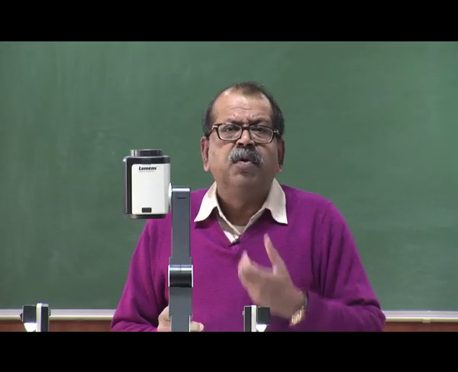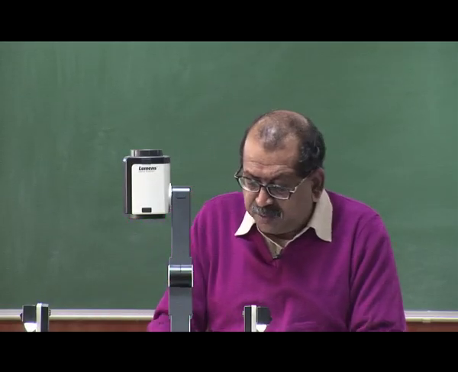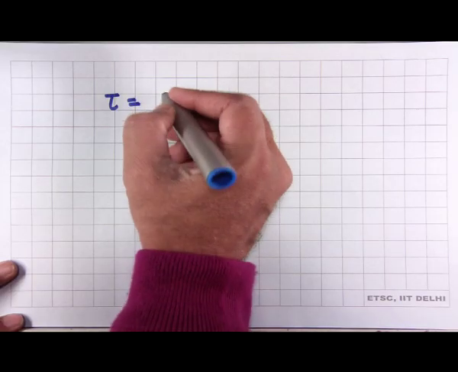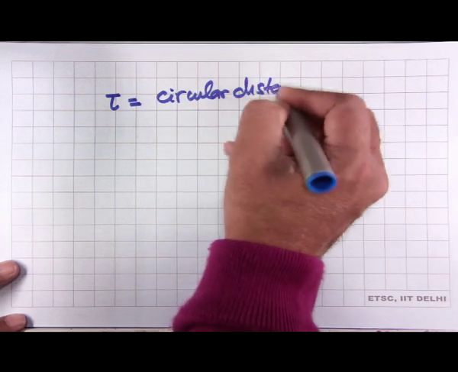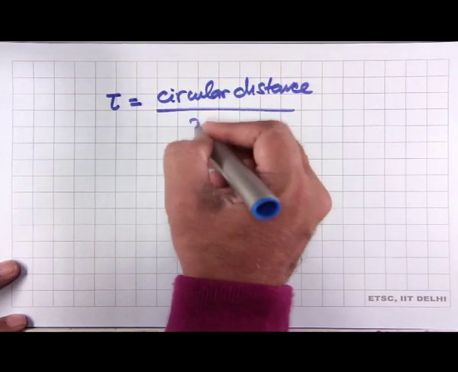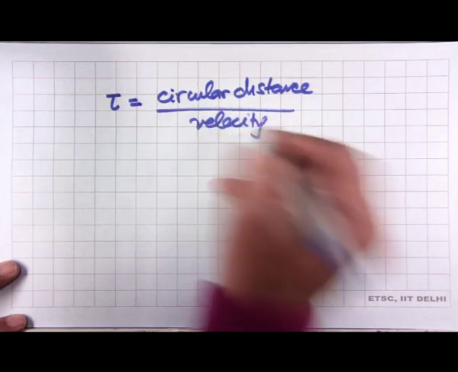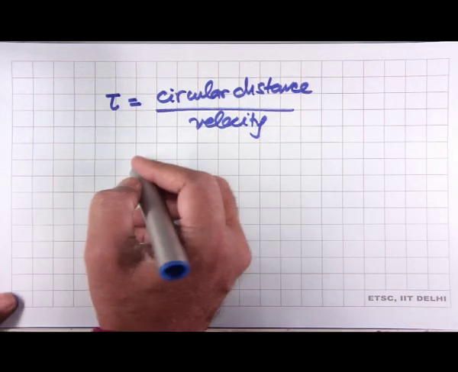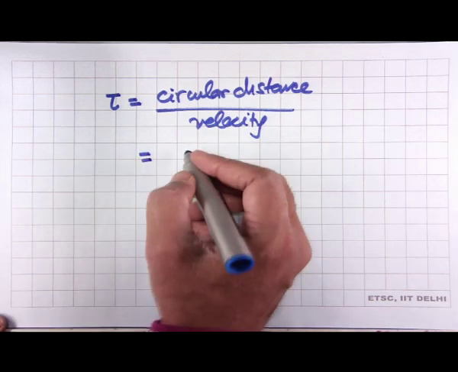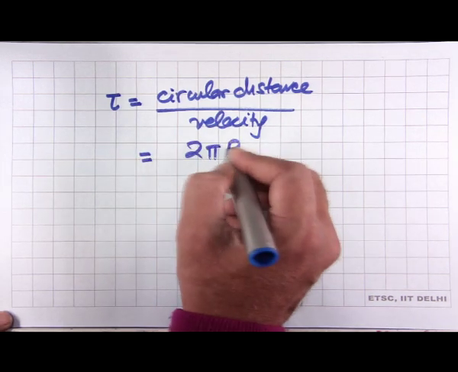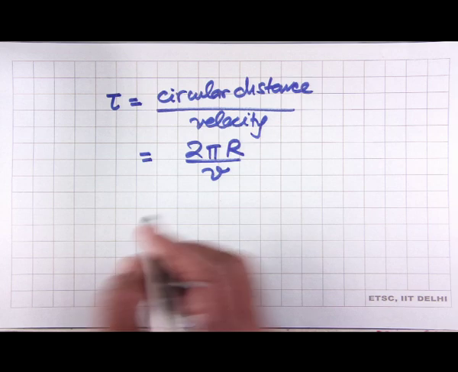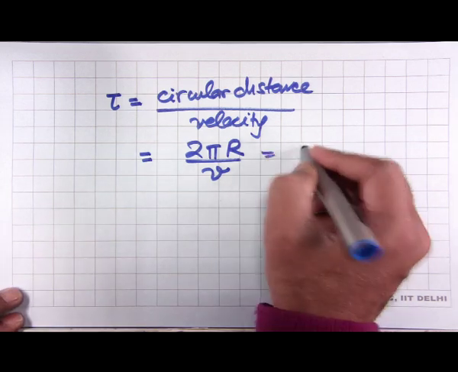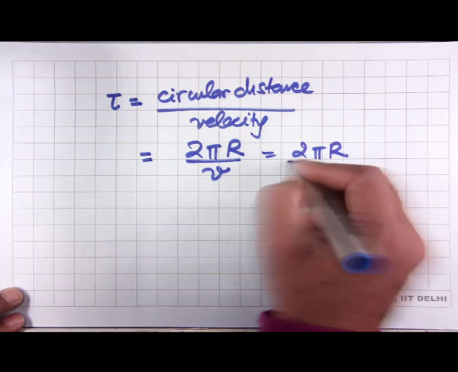We would like to work out the time period of the pendulum. The time period will be equal to the circular distance moved by the pendulum divided by the magnitude of the velocity, the speed. So this will be equal to 2 pi r divided by v.